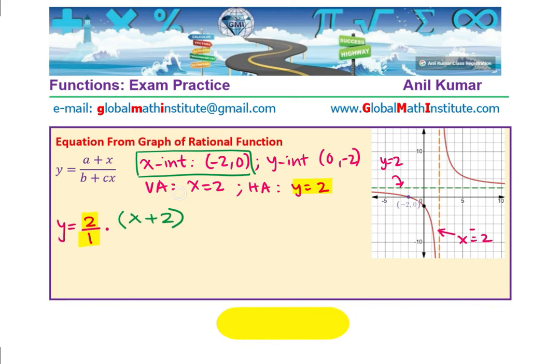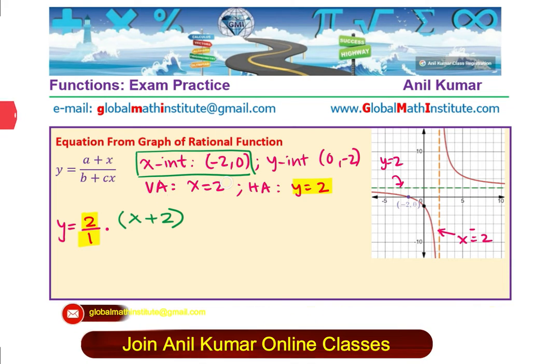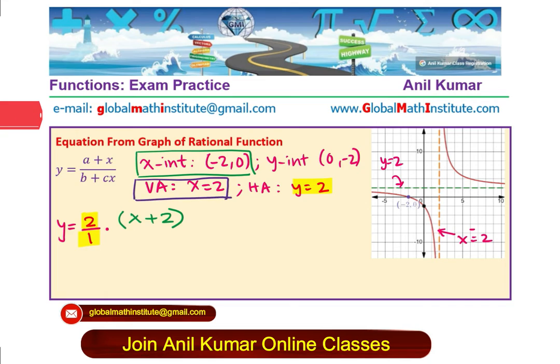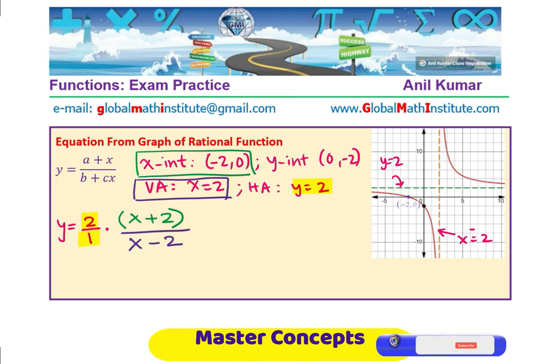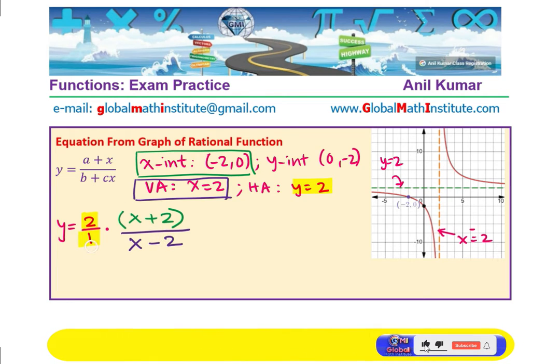Now, how about the vertical asymptote of x equals 2? For a vertical asymptote at x equals 2, the denominator should be 0 there, so in the denominator we have x minus 2. Then substituting 2, we get a 0. So we get our equation. How did we find it?